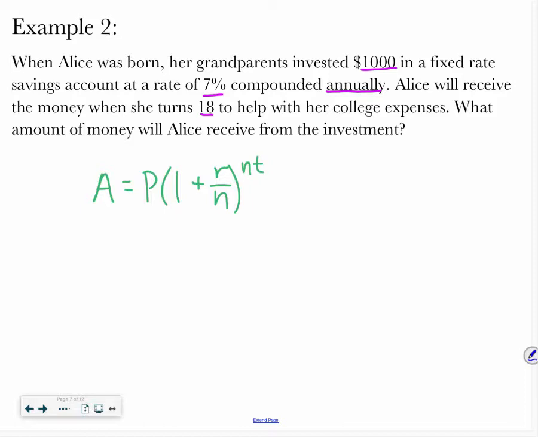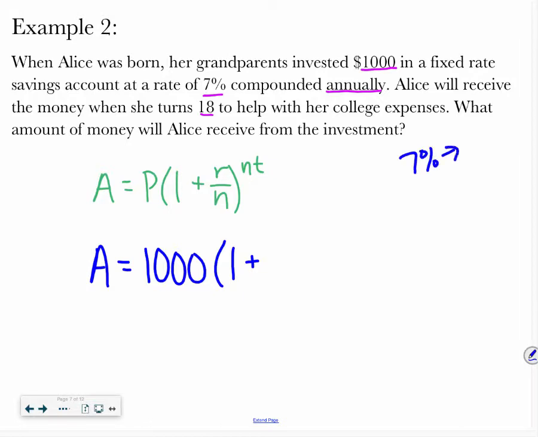So if we fill this out, we have A. We want to know how much money she'll have. Our P value, remember, is our principal amount. Her grandparents invested $1,000 for her. We always have that 1 plus. Then R, remember, we have 7%. We want it as a decimal, so it's going to become 0.07 divided by N, which is how many times it's compounded each year.